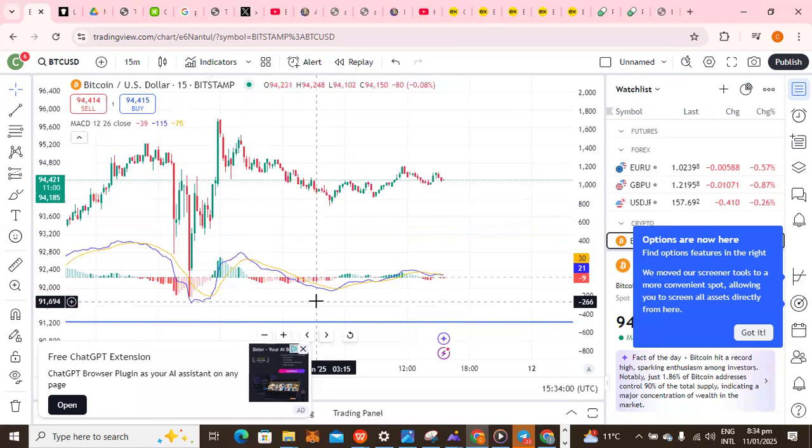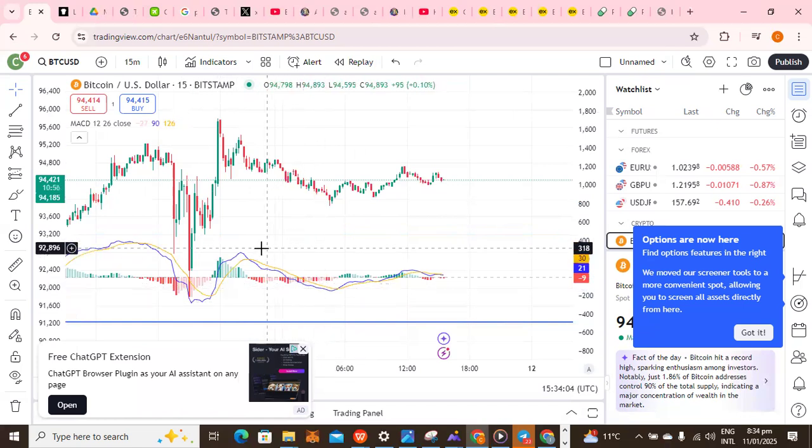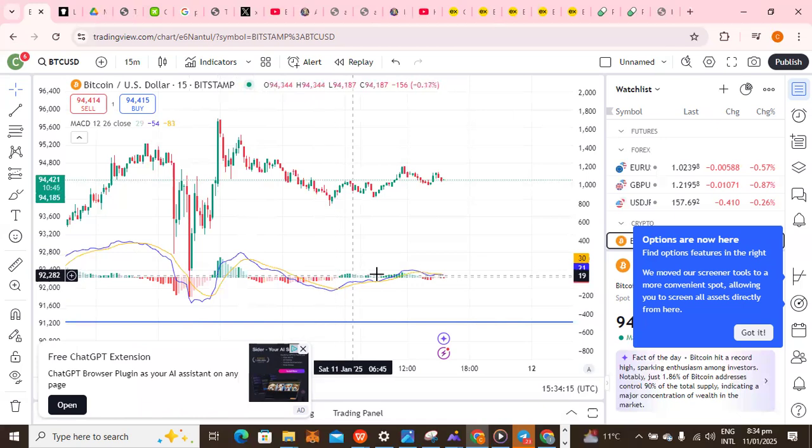But to make it 100% sure, this is only applicable if the blue line crosses the yellow line and goes below it, and it's above this horizontal level. Now, what's the horizontal level? I'm going to explain to you. That's the average.